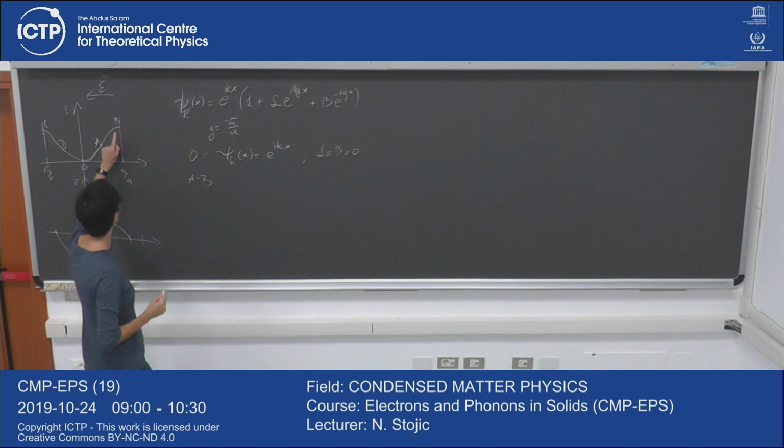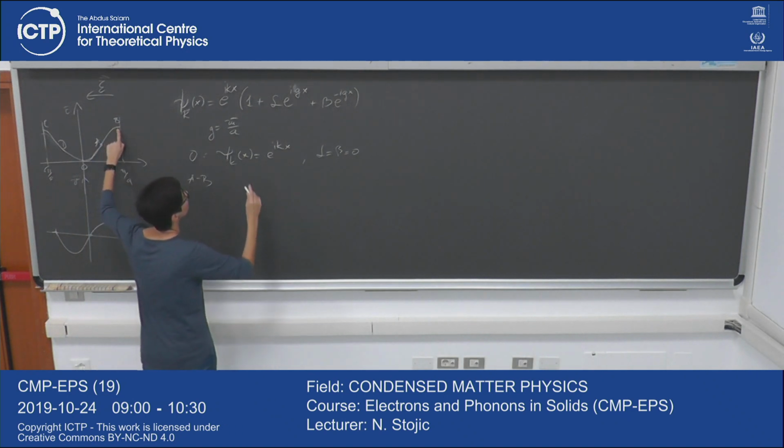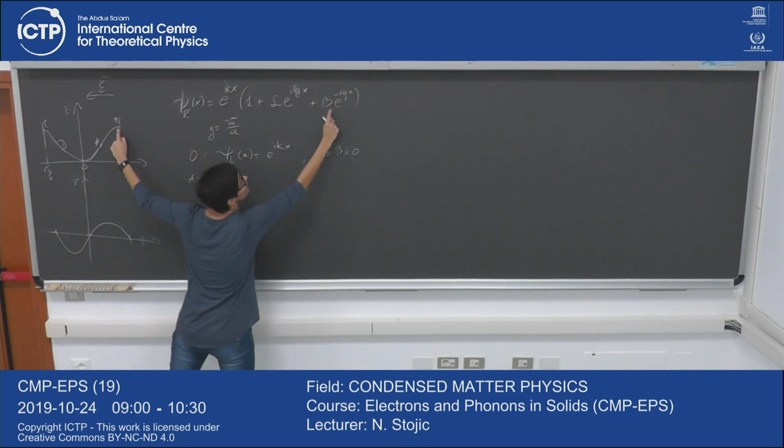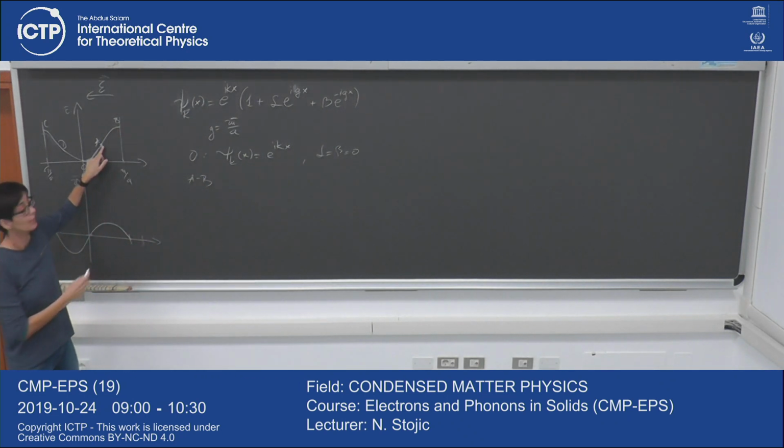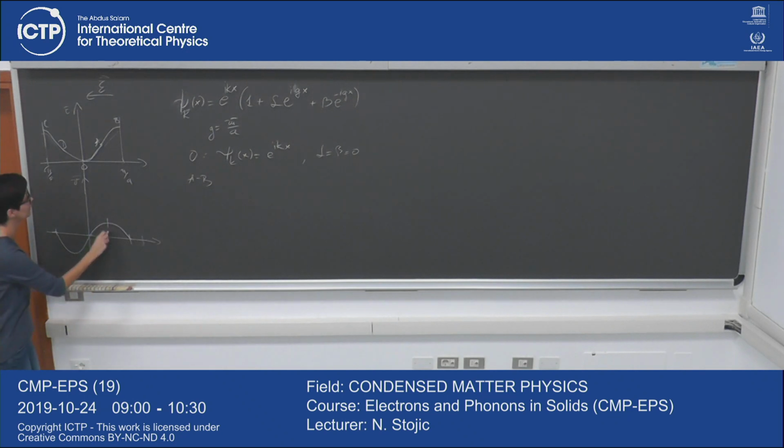So, towards B, beta gets larger. Beta is 0 here. As you move here, beta starts growing. A is the maximum, and then the velocity starts slowing down, slowly.